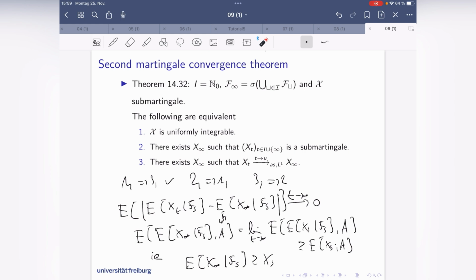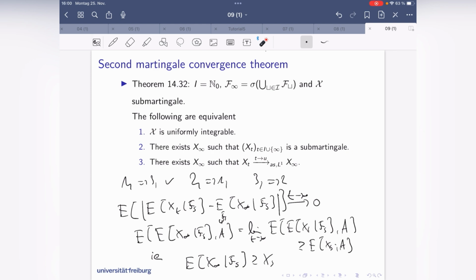So on the set where xs is bigger than this here, this is bigger than this here. But on the set here, I have exactly the opposite, which means that must be 0. Xs is less or equal than x infinity given fs almost surely. And we have shown the second martingale convergence result.